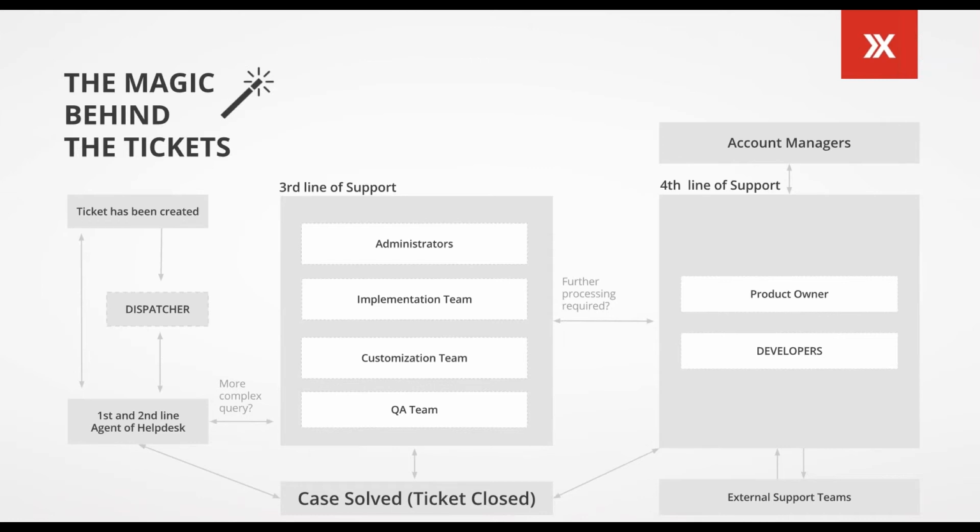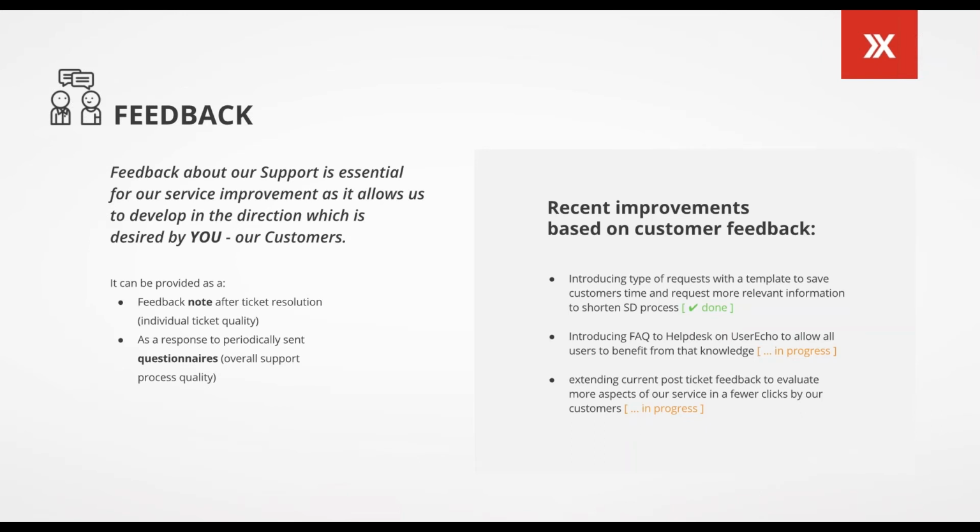So it is very important for us to collect and use that feedback when we are optimizing the process. And as I wrote here, the feedback is essential for service improvement, and it also allows us to develop in the direction which is desired by you. The feedback usually can be provided by a feedback note.